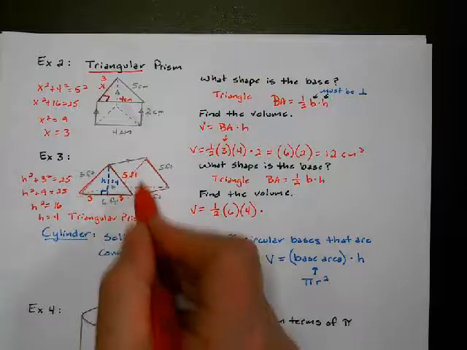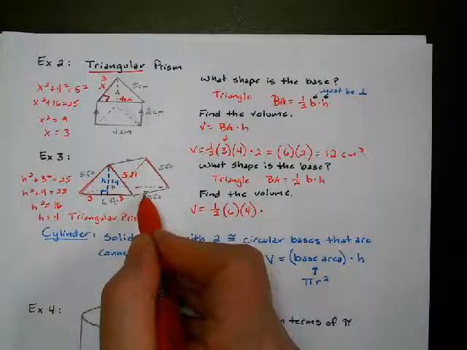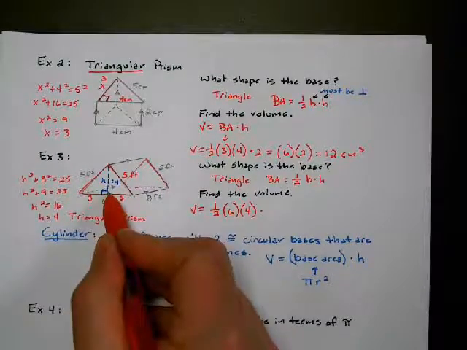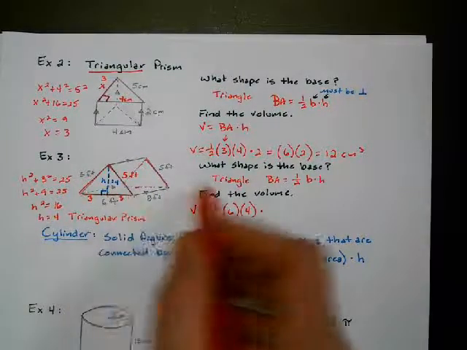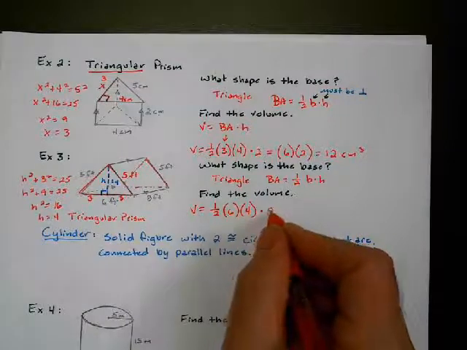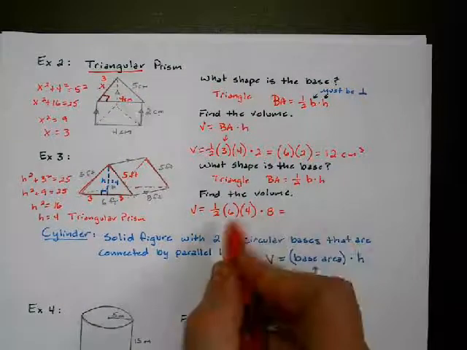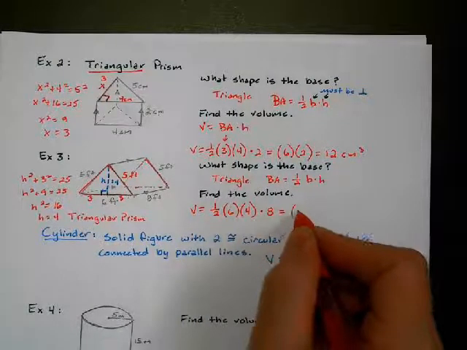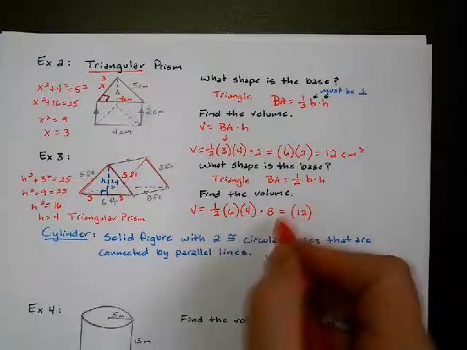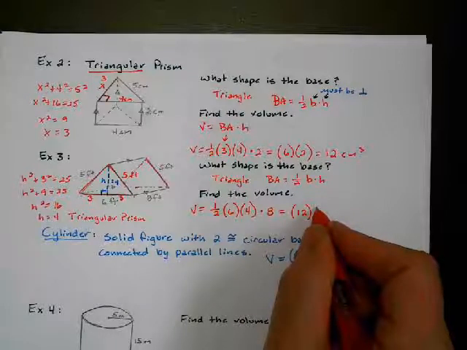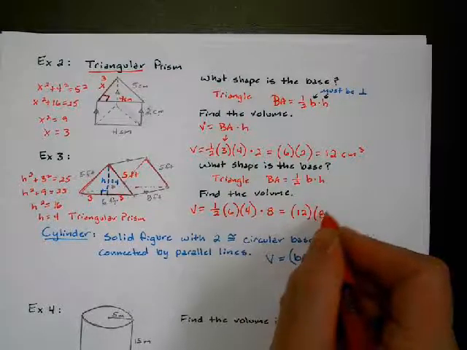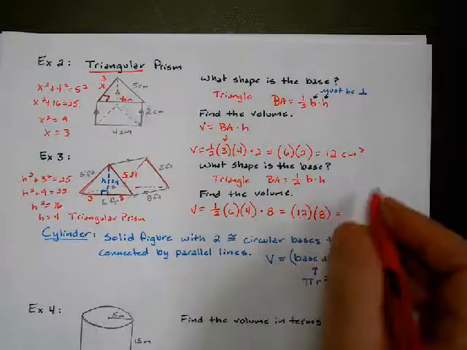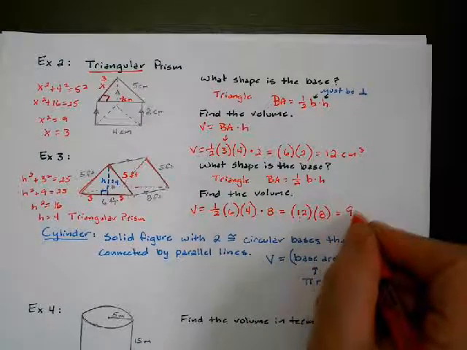The heights are always going to connect your two congruent bases together. So my height would be 8. So if I do half of, let's see, this is 24. Half of 24 is 12. So the base area is 12. The height is 8. 12 times 8 would be 96. And these would be feet cubed.